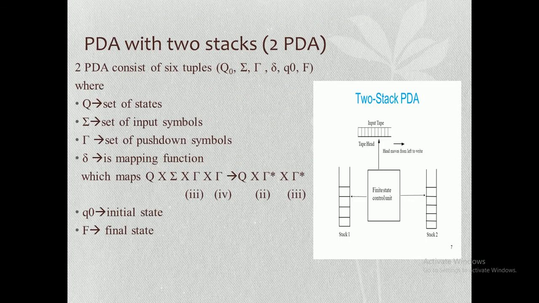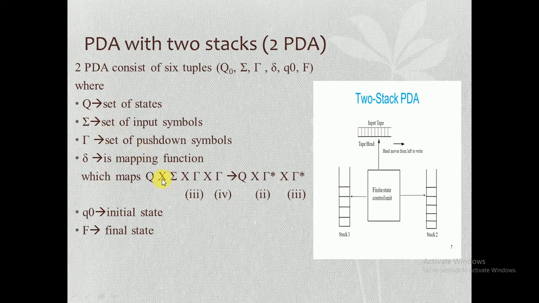Next, the next definition is for pushdown automata with two stacks. So technically it is having 6 tuples, so we don't have any z0 in this case because we are dealing with 2 stacks instead of 1, right? So the remaining tuples will be the same.